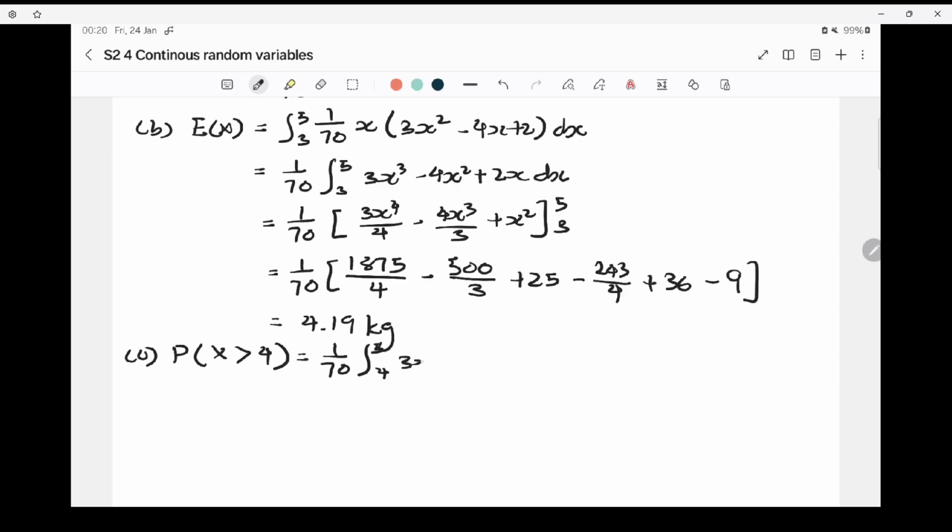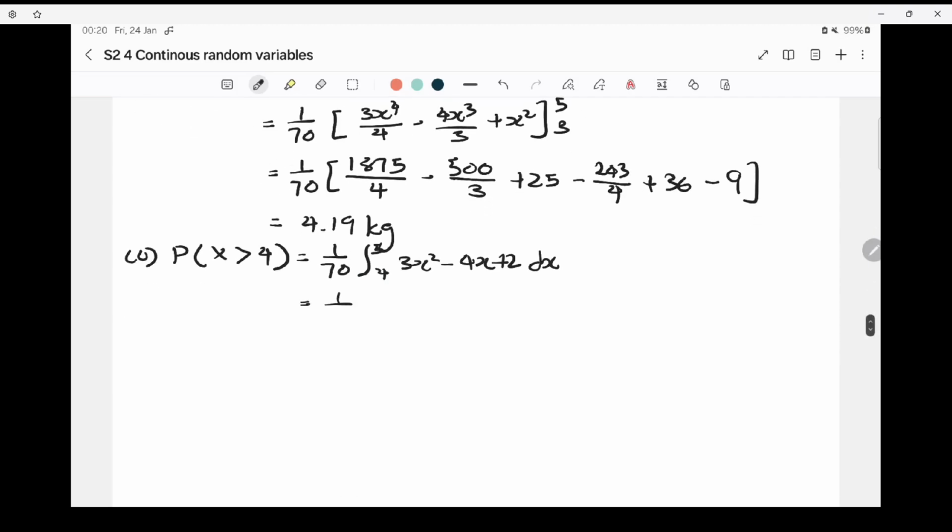So 3x squared minus 4x plus 2 dx. This will be 1 over 70 x cubed minus 2x squared plus 2x, from 4 to 5. So I will directly evaluate that.